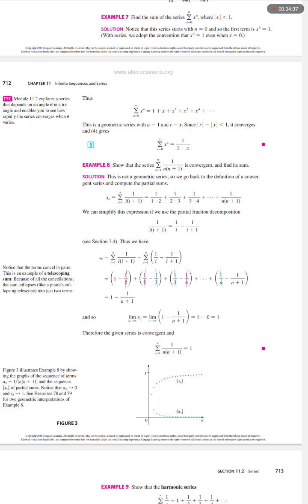And so the limit as n approaches infinity of S sub n equals the limit as n approaches infinity of 1 minus 1 over n plus 1 equals 1 minus 0 equals 1.